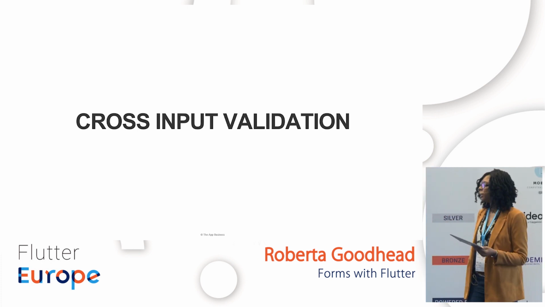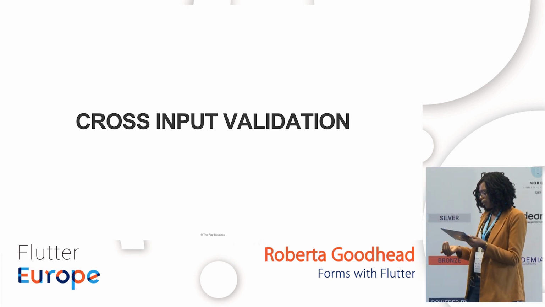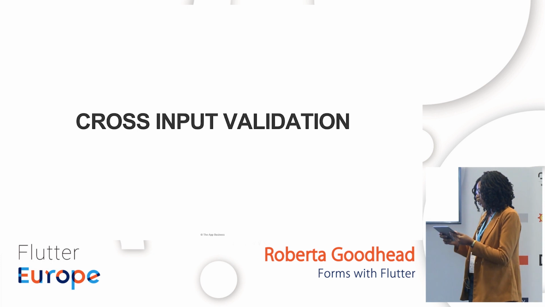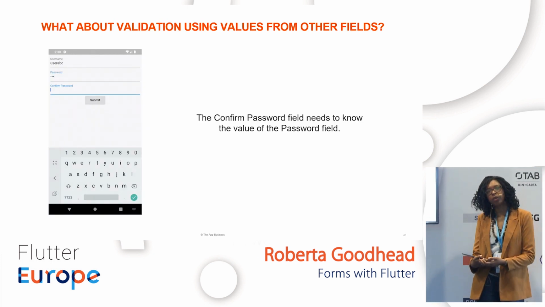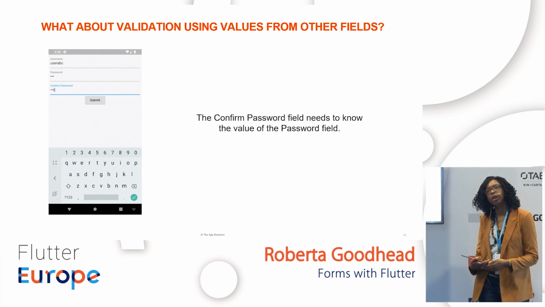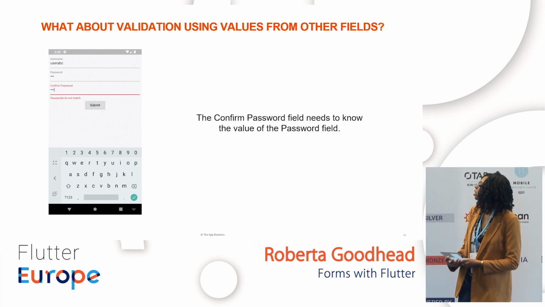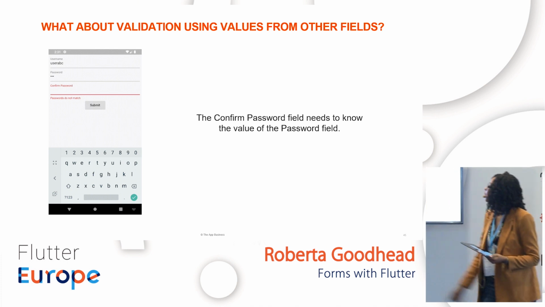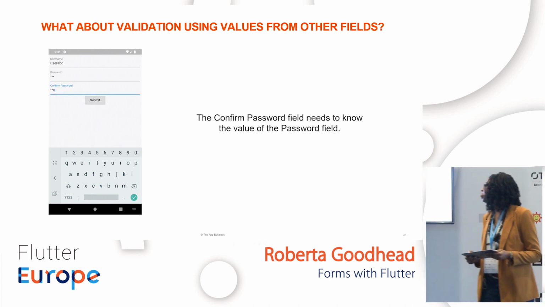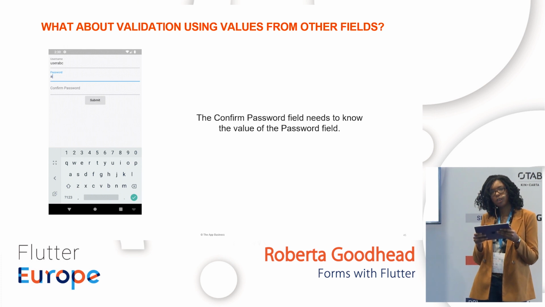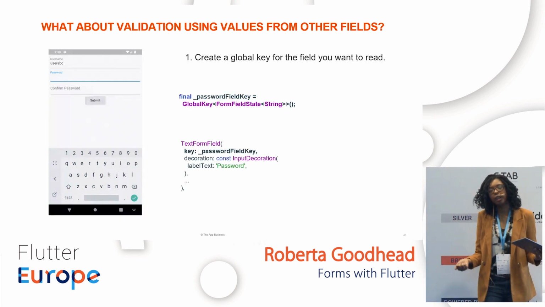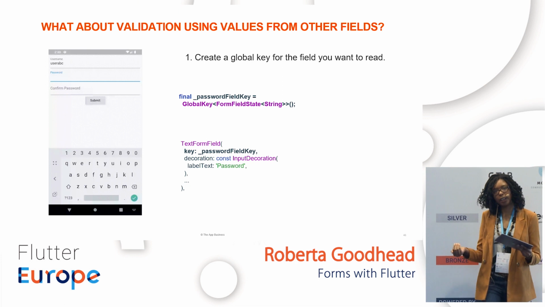Okay, so what about validating other fields? In this example, it's a common scenario. The confirm password field needs to know the value of the password field in order to check that the passwords don't match. So what we can do is create a password field key.